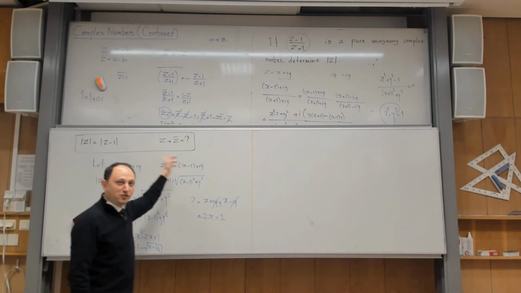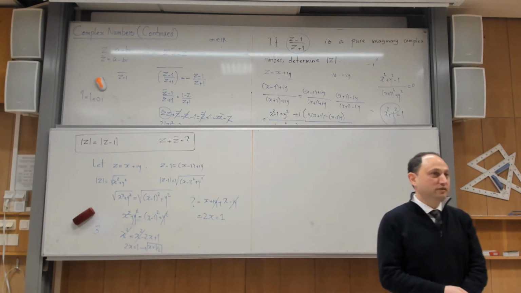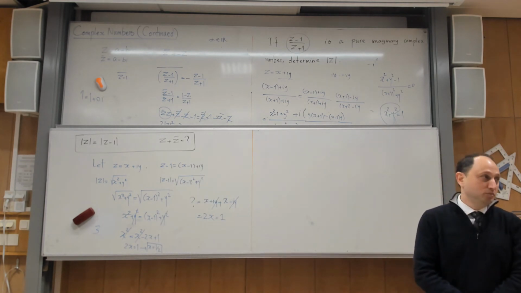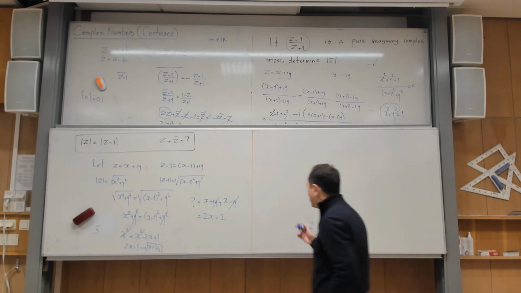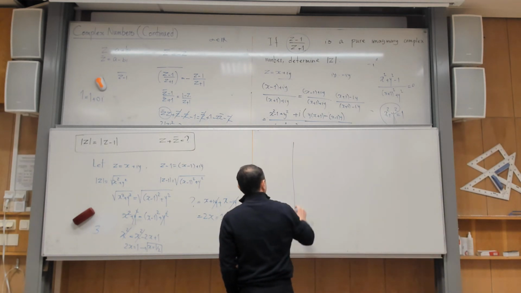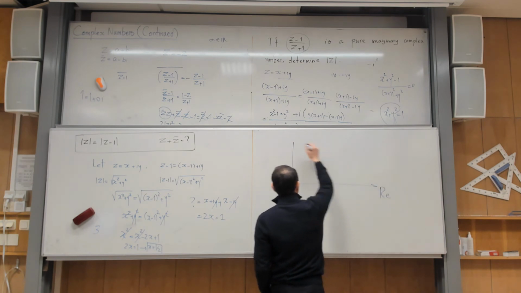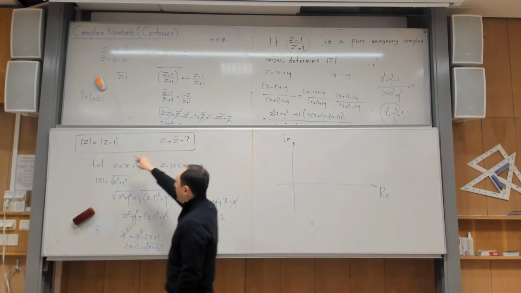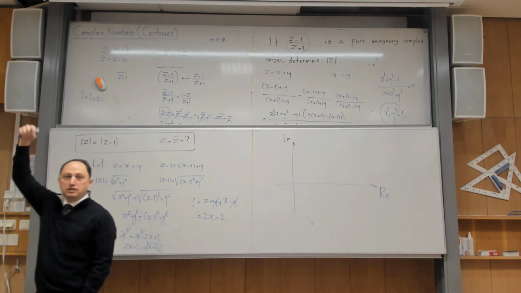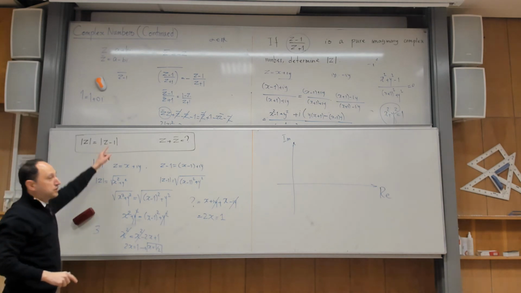If you can solve this problem using geometrical ideas in the complex plane, it means that you have a very good grasp on complex numbers. So how can I interpret this equation geometrically? Geometrically, you imagine that you have a plane of complex numbers, real and imaginary. We had this in our lesson, and it is in the book. It's not hard. Where is z? Can you tell me where z is?